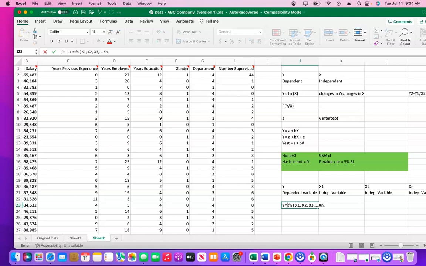I'm going to write something which is not statistical, but at least for us to understand. So I'm going to put etc. here, meaning that y is a function of x1, x2, x3 up to xn, but still there are some other factors which are not considered, which may have an effect on y, but they are not considered at that moment.